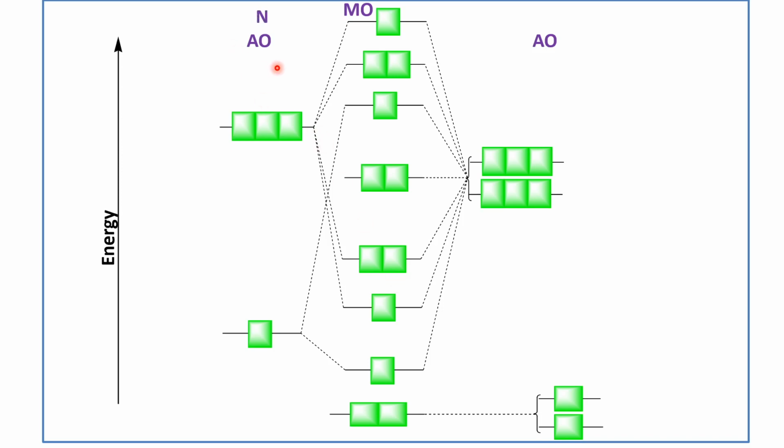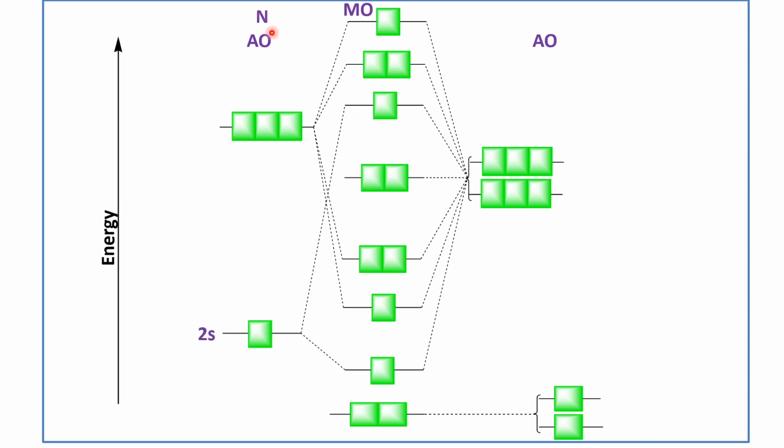On one side we have the atomic orbitals of the less electronegative atom. In the case of the NO2 molecule, the nitrogen atom is less electronegative, whereas the oxygen atom is more electronegative. So the atomic orbitals of the less electronegative atom contribute more to the formation of the antibonding MO. That means their positions are nearer to the antibonding MO, whereas the more electronegative atoms contribute more to the formation of the bonding MO.